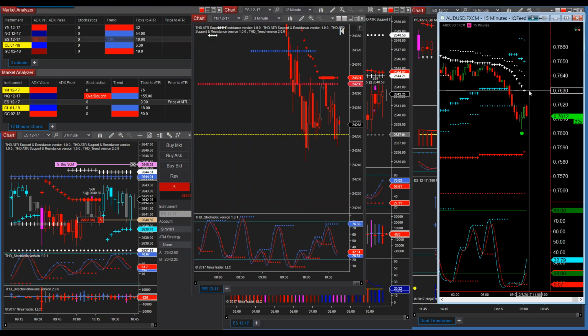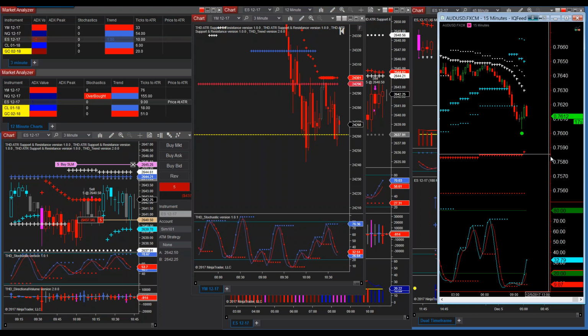The Aussie has not been close enough to the ATR for me to enter a trade on that one.